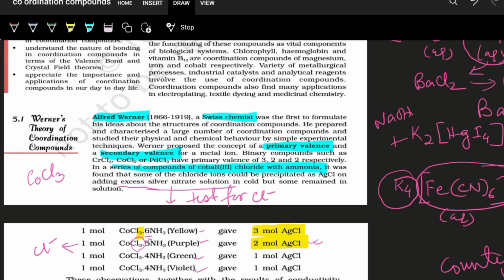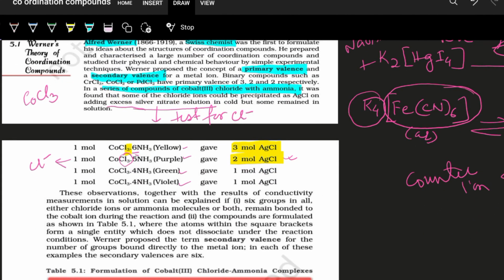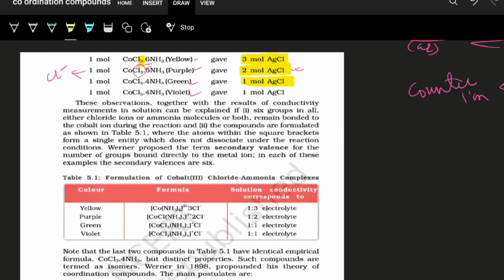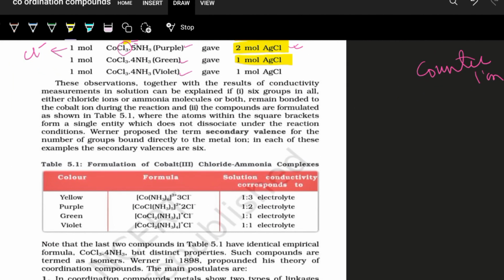In the next one, 1 mole of AgCl is precipitated, meaning out of 3 moles, 2 moles remain unionized. The Cl- or negative ion that causes the precipitation of AgCl is named the primary valency, the ionizable part, the counter ion.